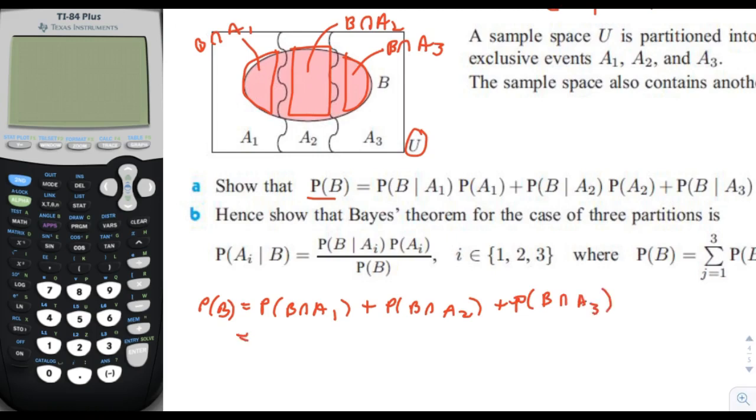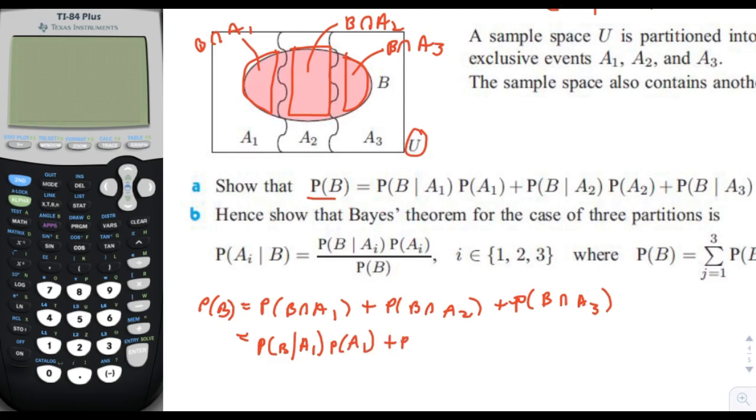And we could also rewrite each one of these intersections using conditional probability. We could say the probability of B intersect A1 is actually the probability of B given A1 happening times probability of A1 happening, right?